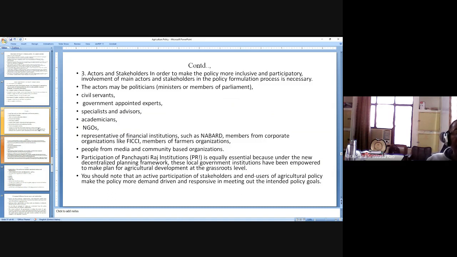Participation of Panchayati Raj institutions is equally essential because, under the new decentralized planning framework, these local government institutions have been empowered to make plans for agriculture development at the grassroots level.